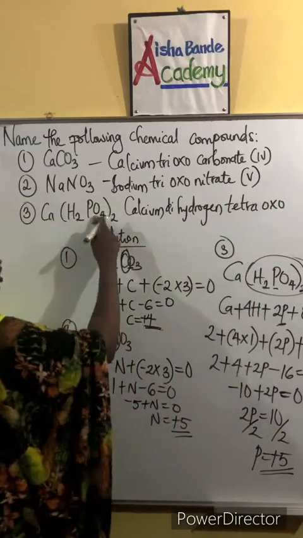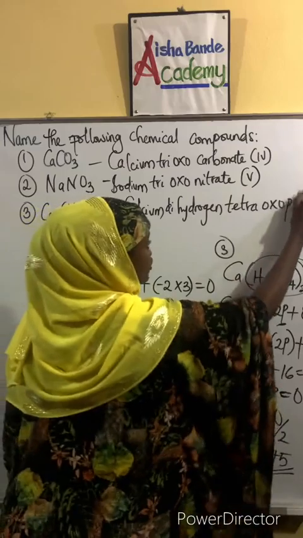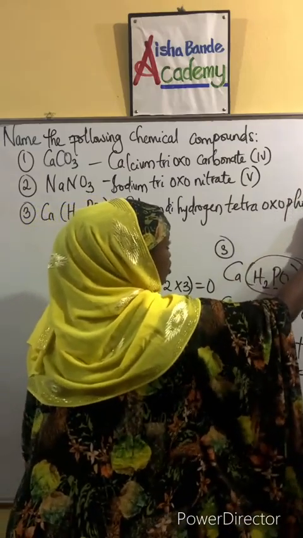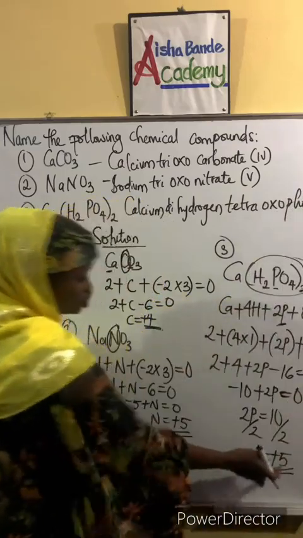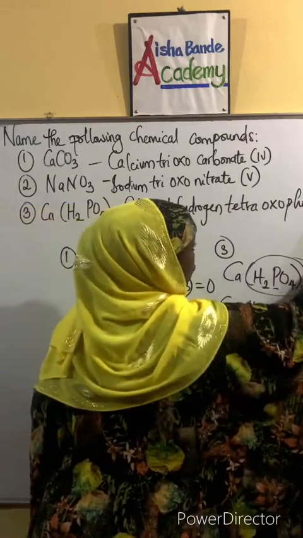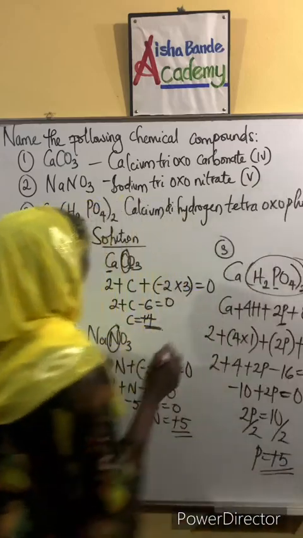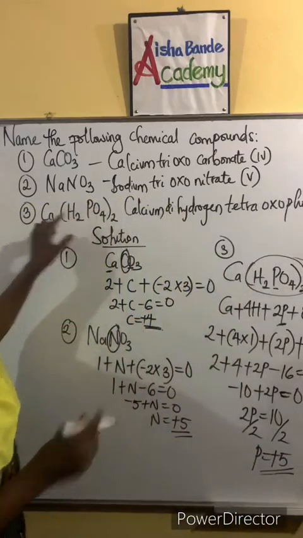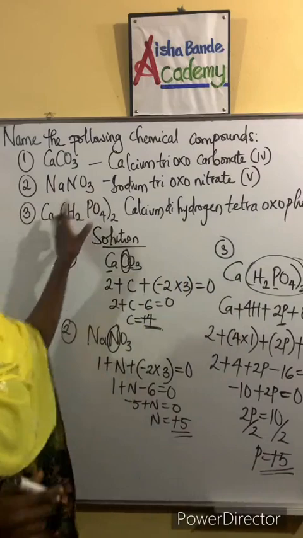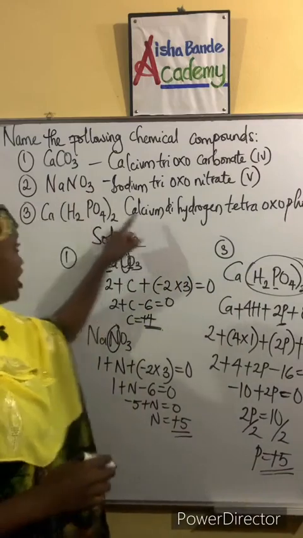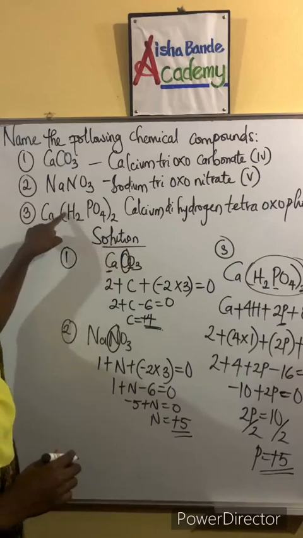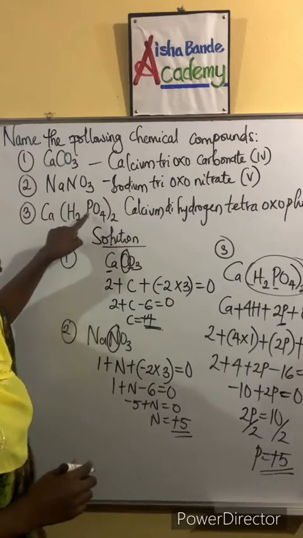Oxo, that is the oxygen. Then the P is phosphorus, that is phosphate. Then the oxidation number of phosphate is 5. So this Ca(H2PO4)2, the name of this compound is calcium dihydrogen tetraoxophosphate 5.